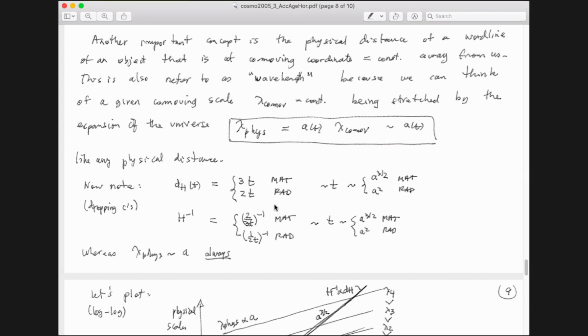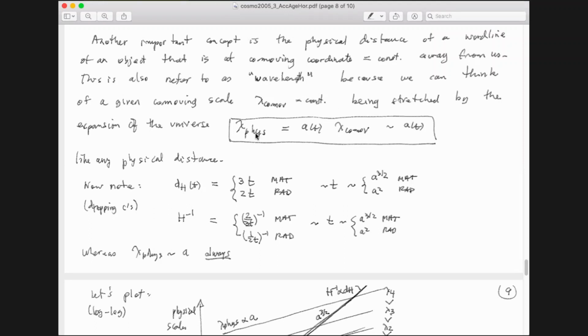This is very easy to understand. Suppose there are 2 points in the universe which are far apart. Their distance is lambda co-moving, but the actual physical distance is a(t) times lambda co-moving. Is that clear? Because I have to multiply by the scale factor. Yes. So now, this is a very important thing.